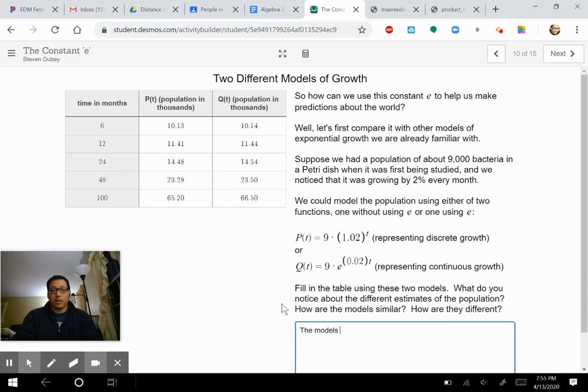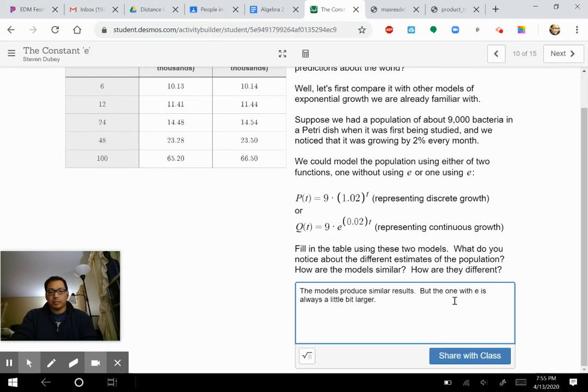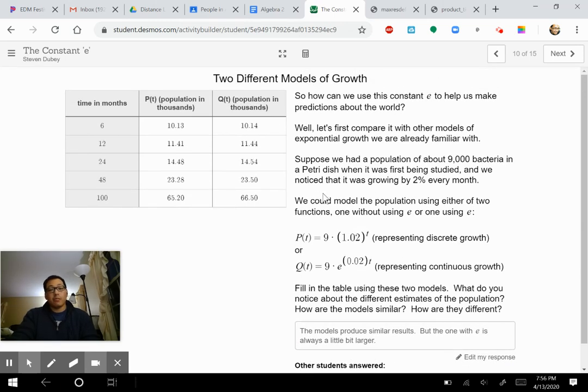So the models produce similar results. But the one with e is always a little bit larger. But these models are close, so if you wanted to represent this 2%, you could do it either way, with or without e.